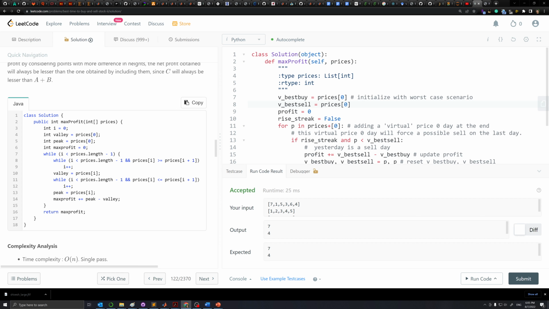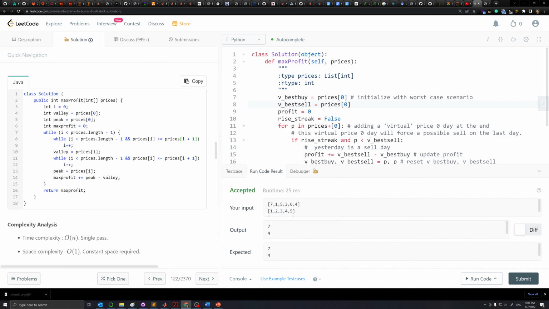So when we are still not at the end, and when the current price is greater than prices[i+1]. Oh, okay. So you're actually looking into the future. All right, if this is a dip, then i++.